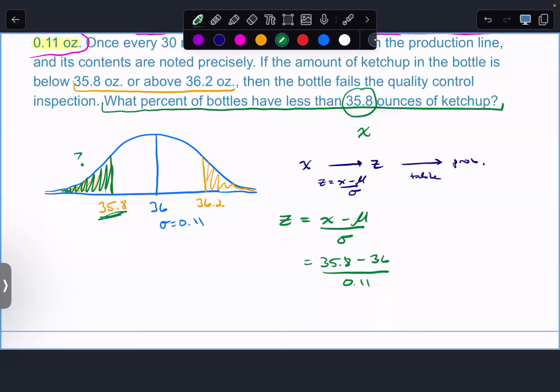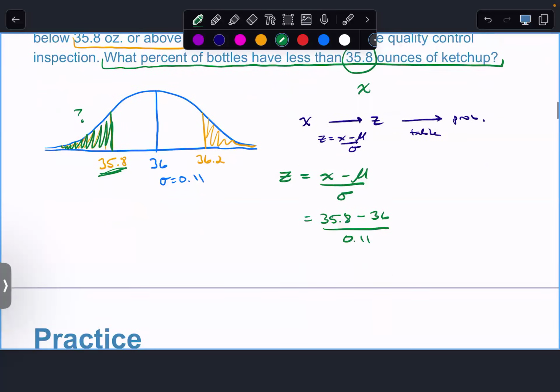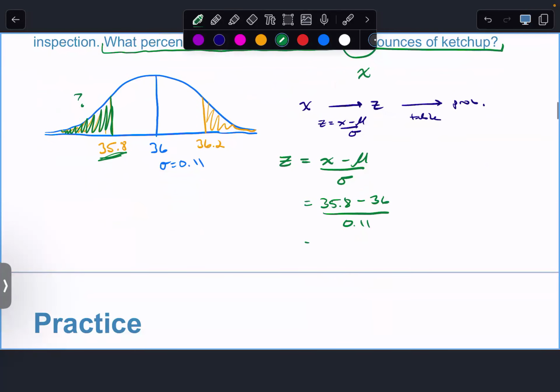Divide by 0.11. I get a negative 1.818. Well, 18 repeating. I'm going to round that, remembering to keep at least 3 decimal places, right?